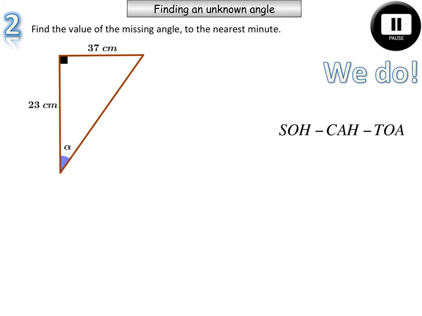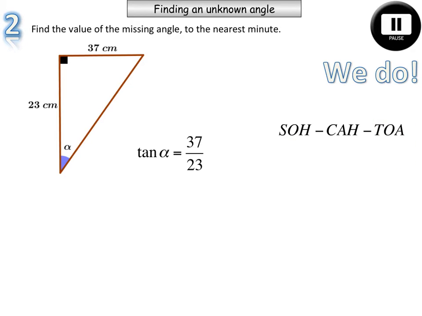Okay, so what ratio do we need to use? Sine, cos, or tan. We have opposite, and we have adjacent. So we know it's going to be the tan ratio. So tan is opposite over adjacent.